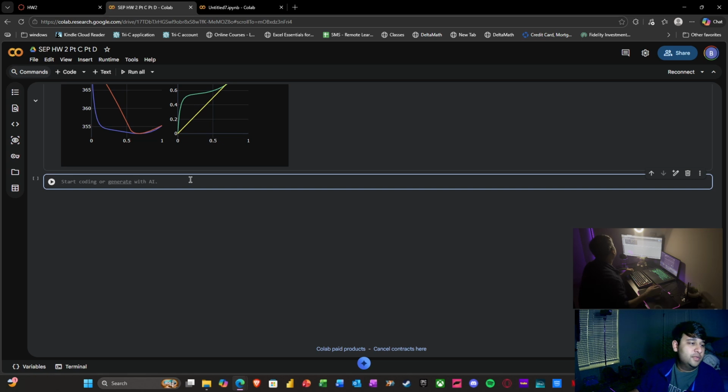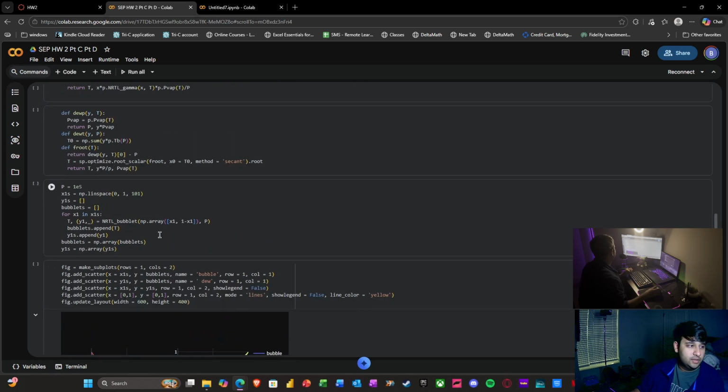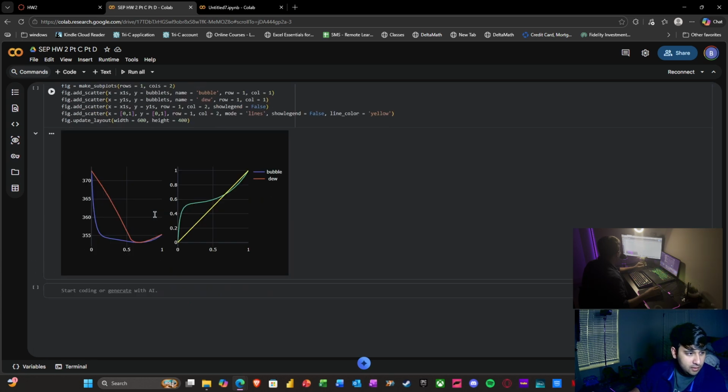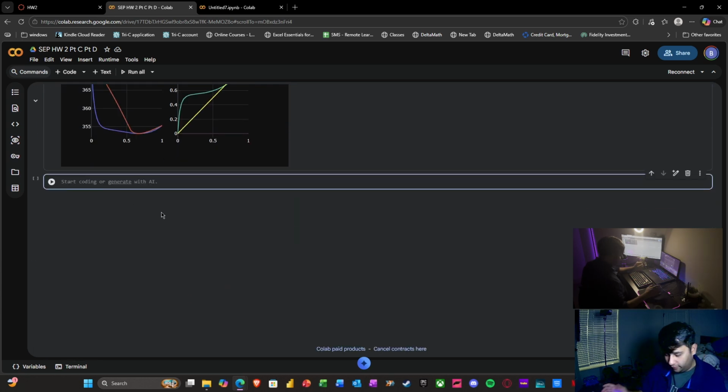In terms of guesses on how we're going to start, these are our starting guesses. We've already made those, so we don't have to do anything there. We'll just have to refer to them. But we will start with our NRTL dew temperature, where we will have our Y and P value.